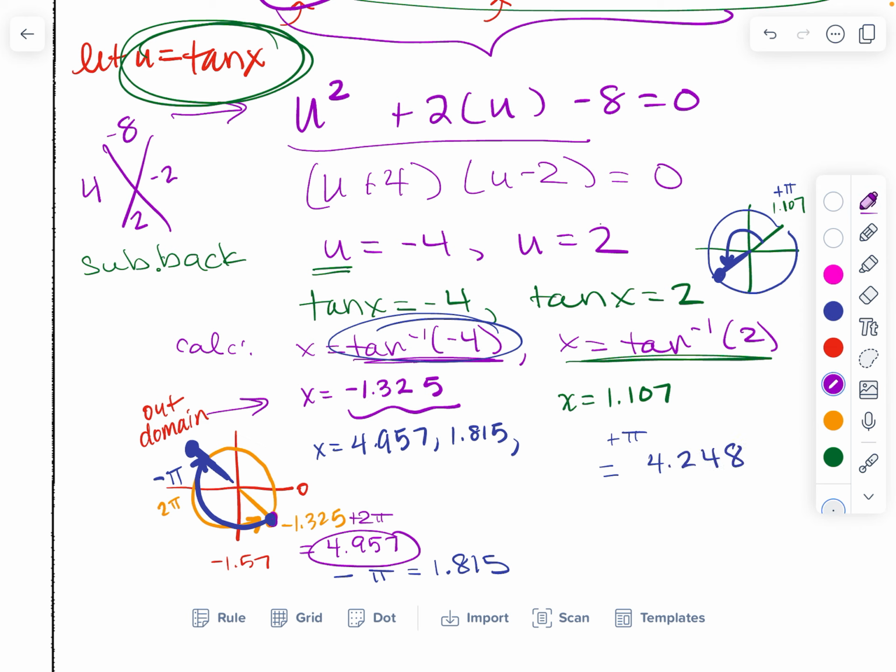So for all of our values between 0 and 6.28, we can see a value of x could be at 4.957, 1.815, 1.107, and 4.248. I'm going to put that in numerical order.